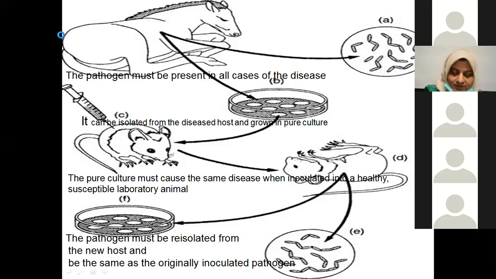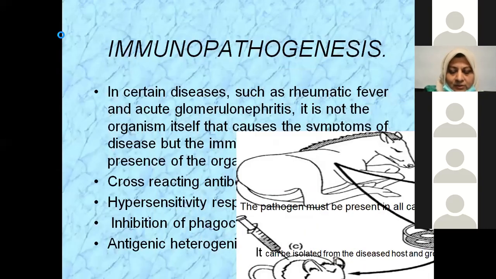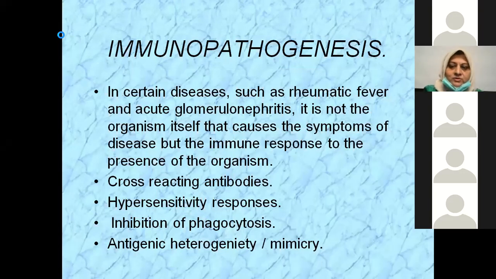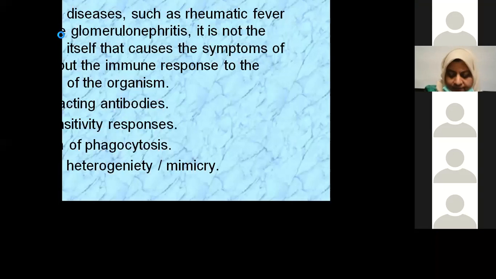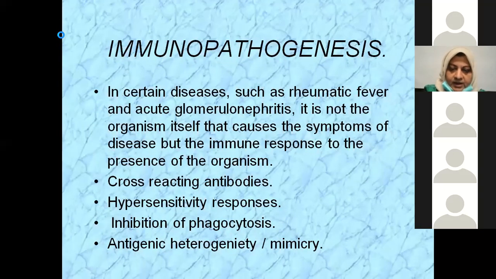The basic things that I wanted to tell you were about the exotoxins and endotoxins, the differences, the varieties of exotoxins. What is immunopathogenesis? This is just an effect of immune mechanism. When the immune mechanism becomes active against some infection, sometimes it causes harm to the body itself.